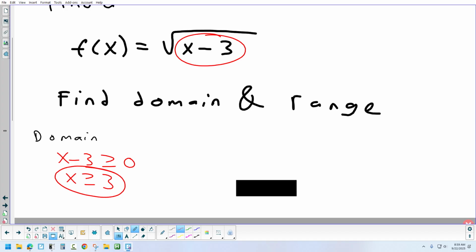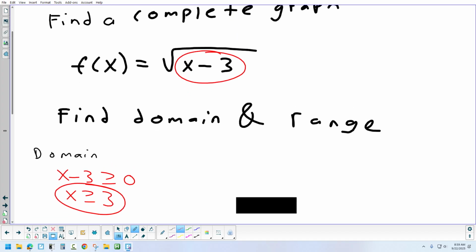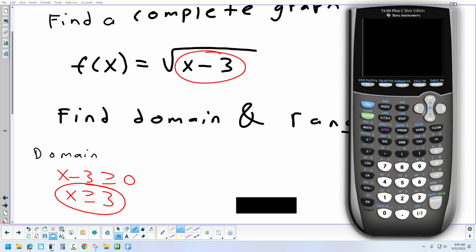Now, the reason I did that first is because when I set my window on my calculator, now I know that I don't need to go all the way to -10. If we do a standard window, it's -10 to 10. I'm just going to go to 0. I don't need to go negative because this graph doesn't go in the negative direction. But now let's see if we can graph that.